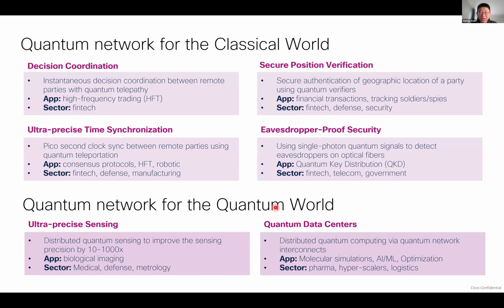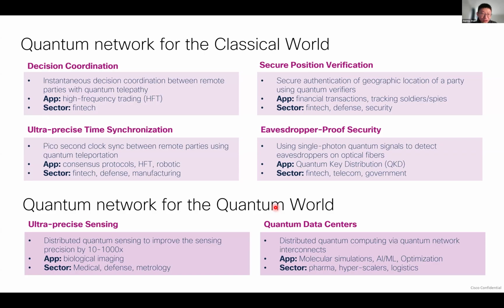For example, a paper has discussed using this decision coordination for high frequency trading, where we can have some quantum advantage in the winning rate. And then for secure position verification, people can use distributed entanglement for better authentication of the location of the users. People can use this in military applications and also finance applications.